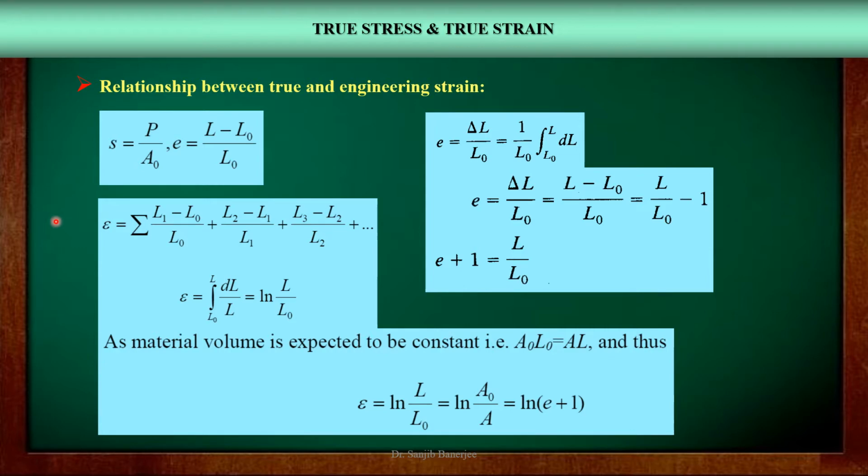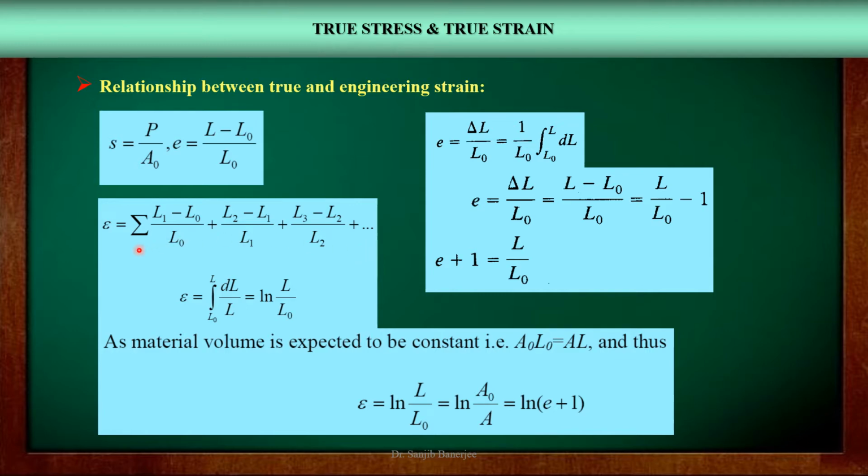Now let us come to the true strain or epsilon. True strain is actually the change in length by the actual or the instantaneous length, and which is summed up into small increments of length.